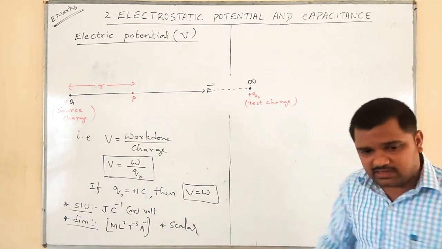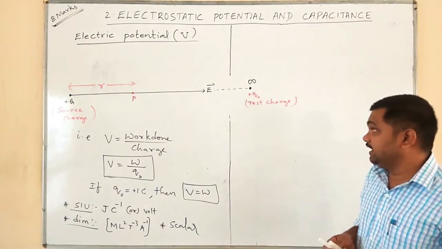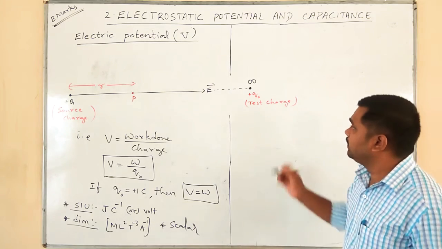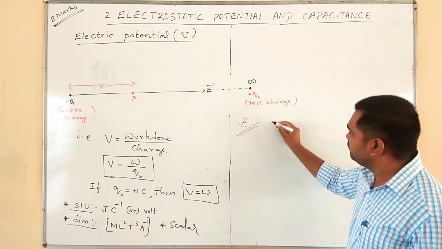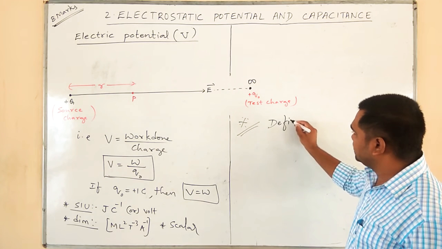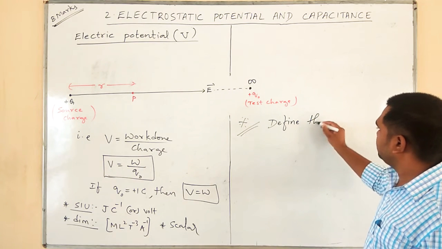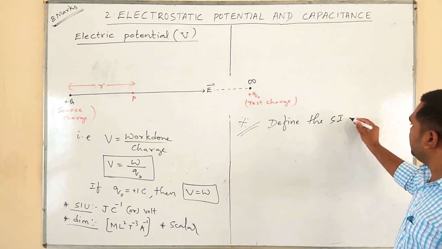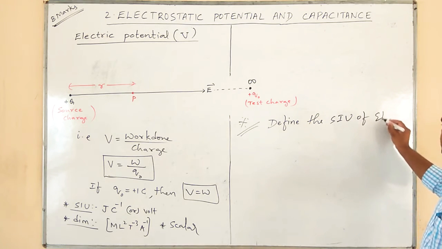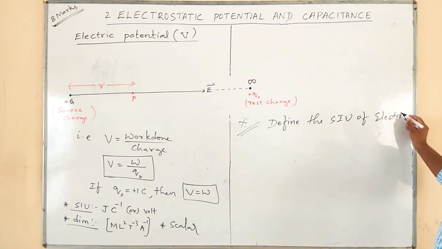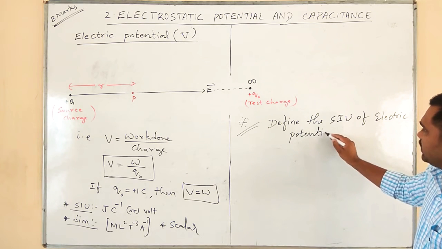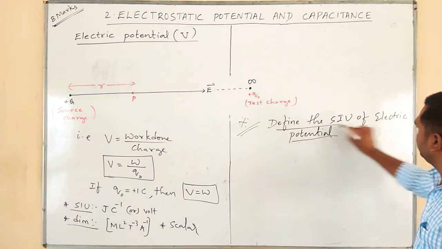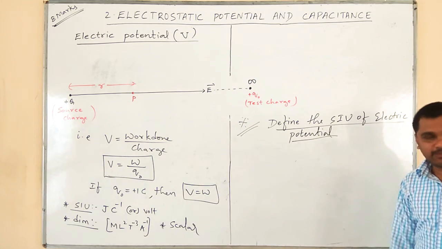Next, one important 1 mark question will arise in your annual examination. What is that question? Very important question. They used to ask like this: Define the SI unit of electric potential.